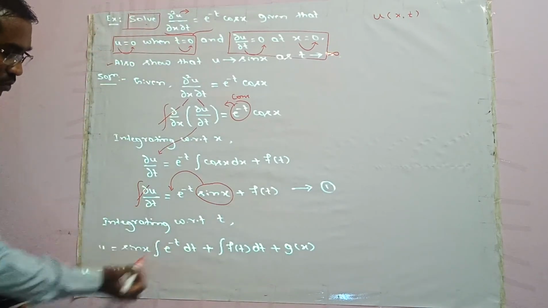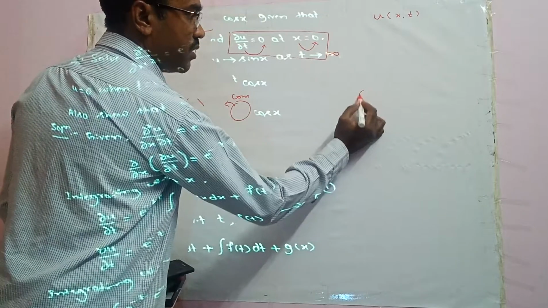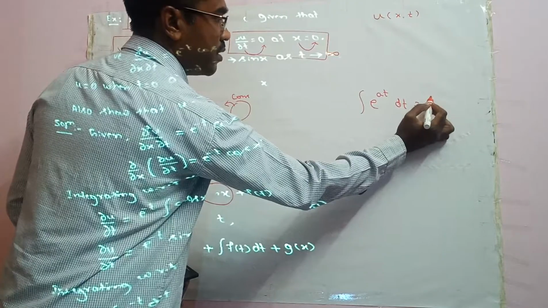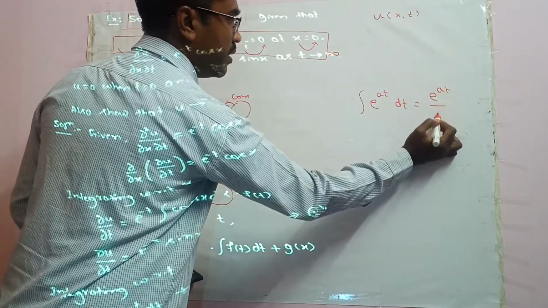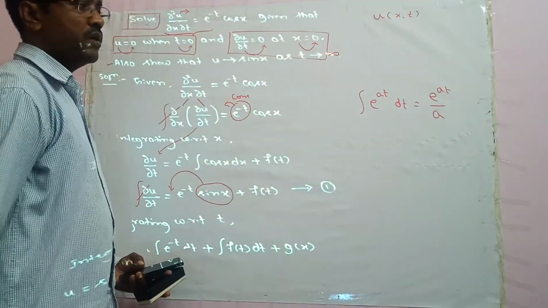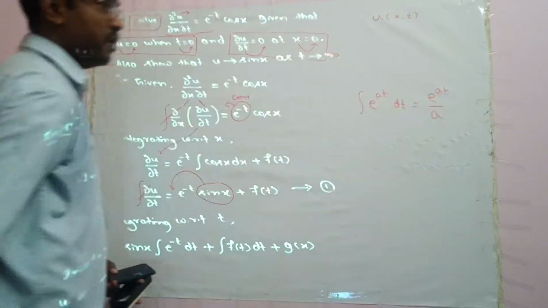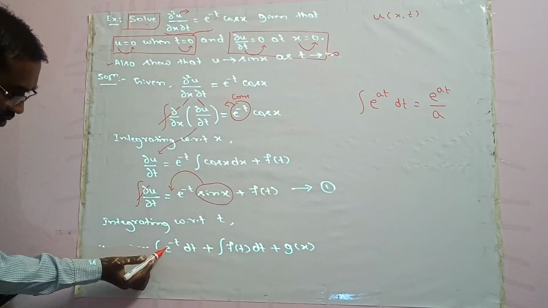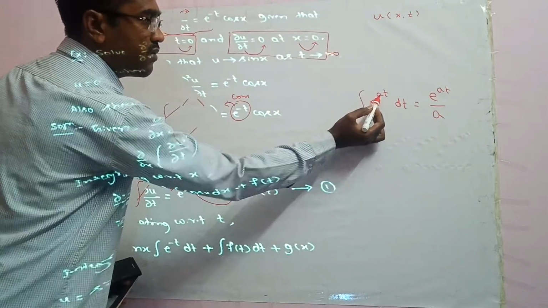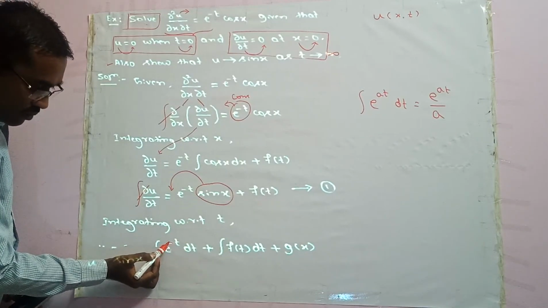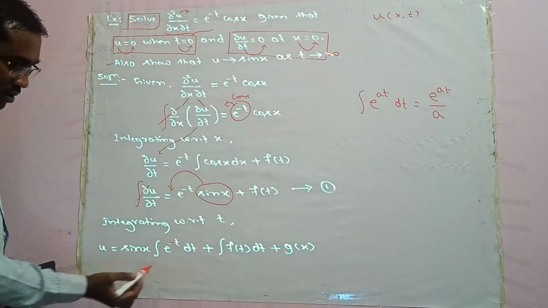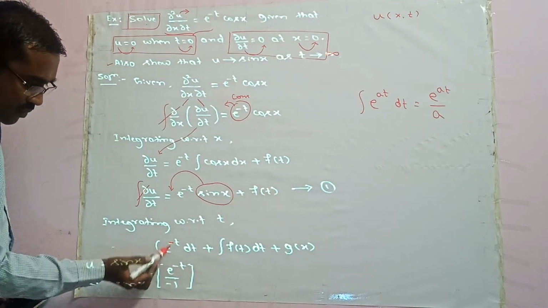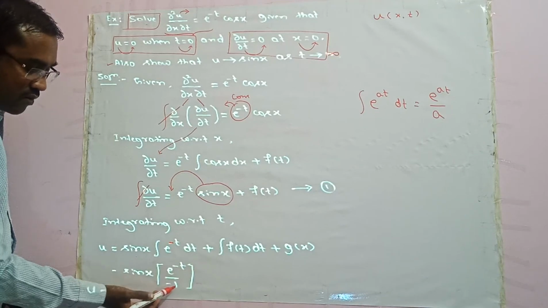What is the integration of e to the power minus t? The integration of e to the power at with respect to t will be e to the power at by a. This is the answer. Let us see, in the place of a, what we have? We have minus 1. So what you get is e to the power minus t divided by minus 1. That is the value of a.